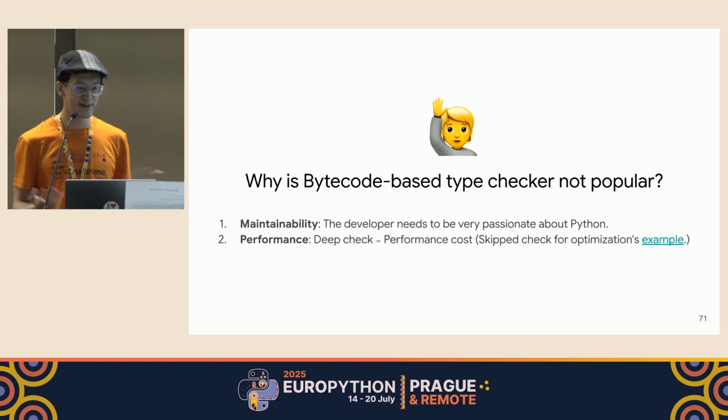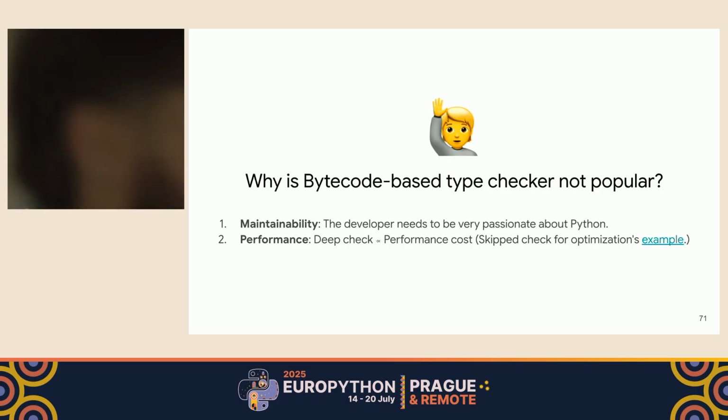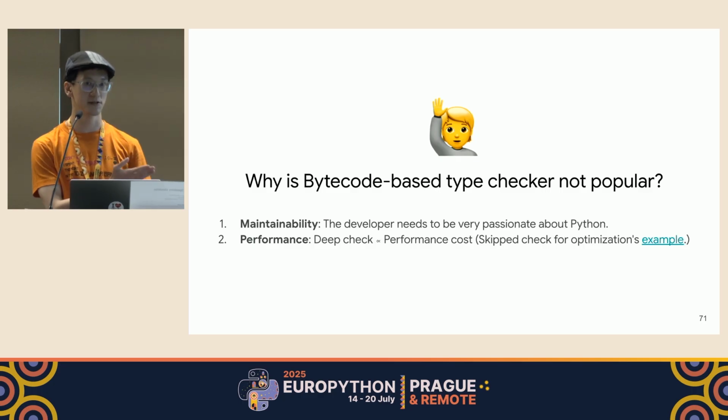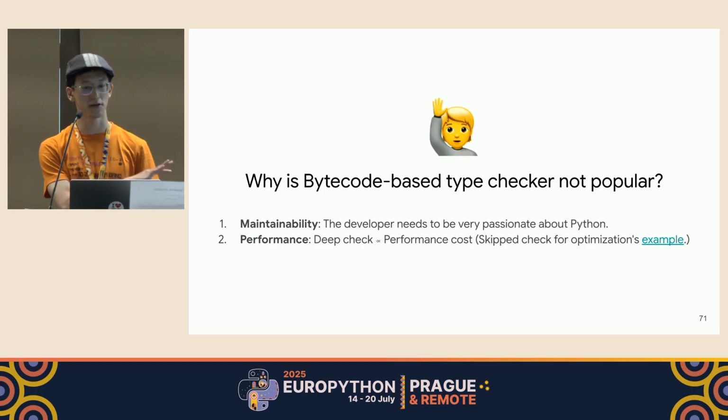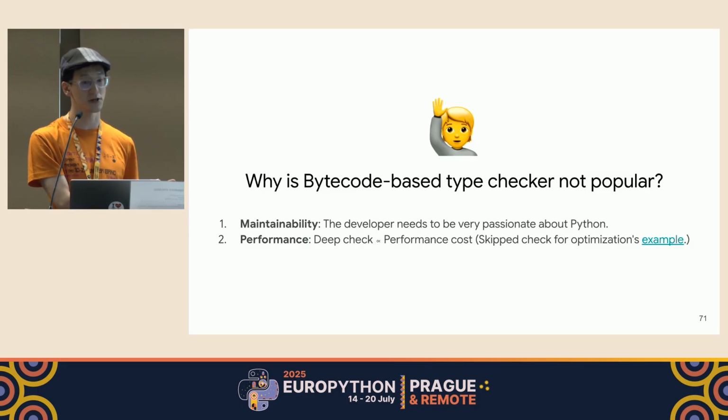Well, the answer to me is simple. The maintenance burden. If you try to develop something based on bytecode, you will need to follow CPython's bytecode changes plus CPython's type annotation changes. And of course, you also need to implement your own virtual machine to handle the bytecode exactly the same way, plus have your static analyzer handle the type annotations.